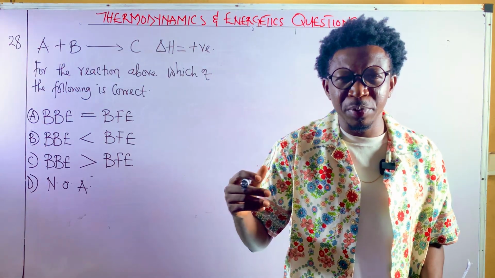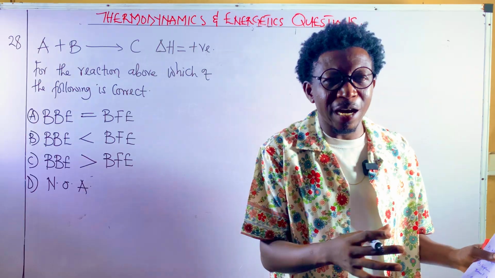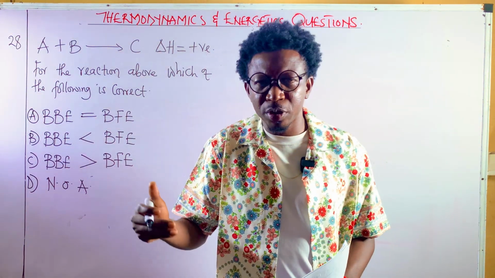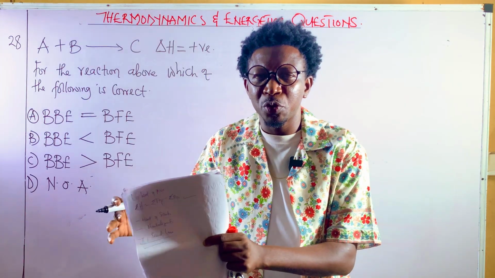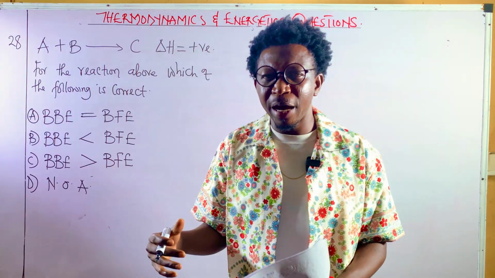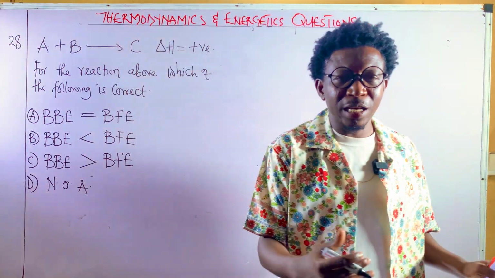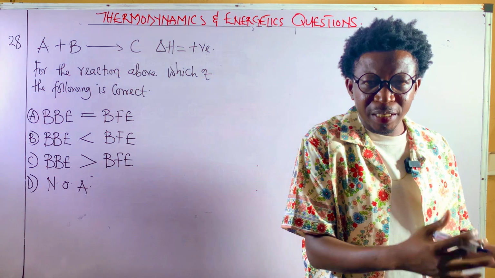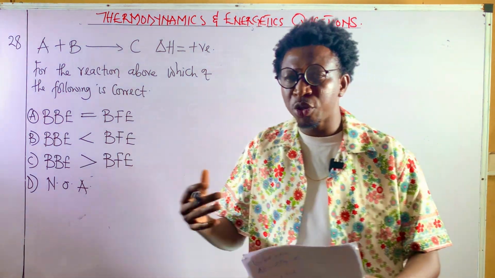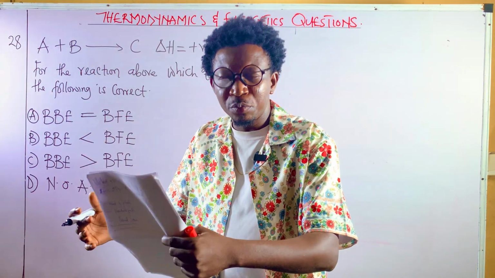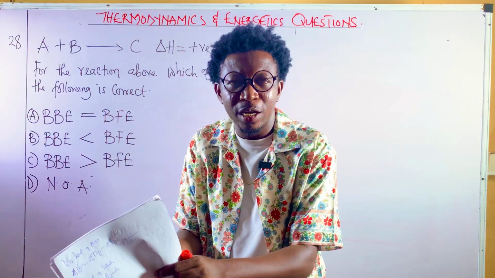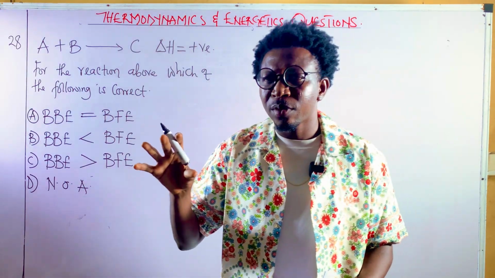Bond breaking usually occurs at the reactant stage, while bond forming usually occurs at the product stage. That means reactants will break, undergo transformation, then the substances formed will join together, bind together to form the product.